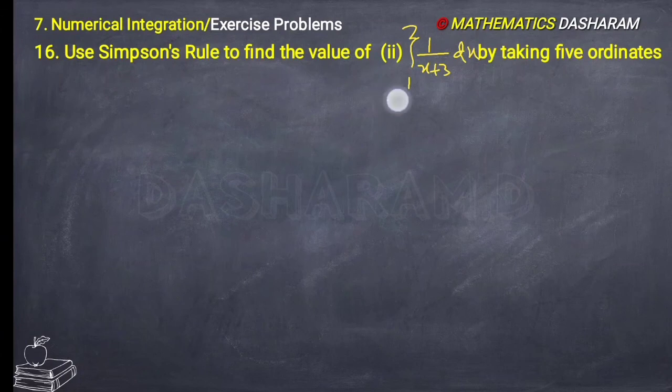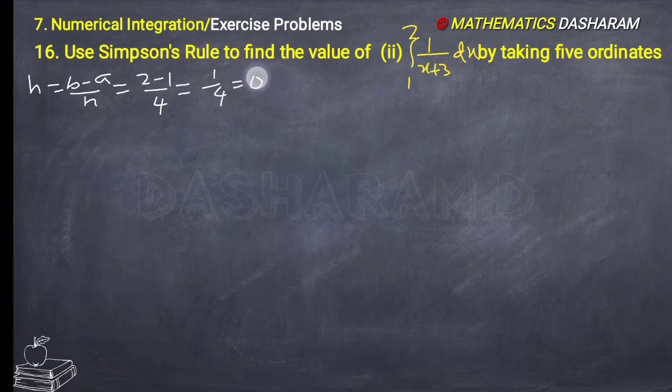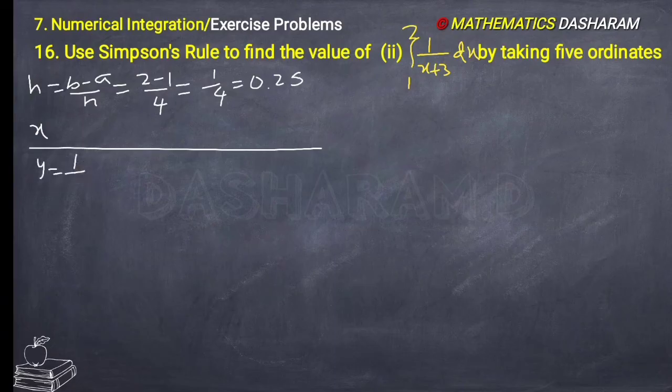Second question: integration from 1 to 2 of 1 by x plus 3 dx. So same here, h value is (b minus a) divided by n. So b value 2, a value 1, by 4. So it is 1 by 4, which equals 0.25. Next, the x value and y means the given function 1 by x plus 3.